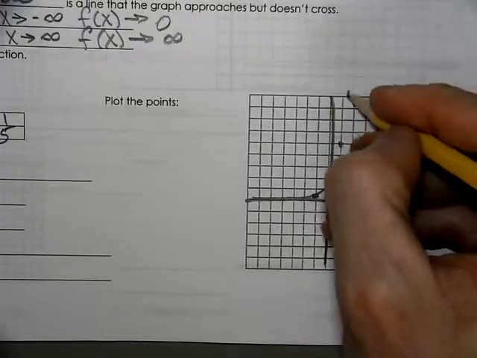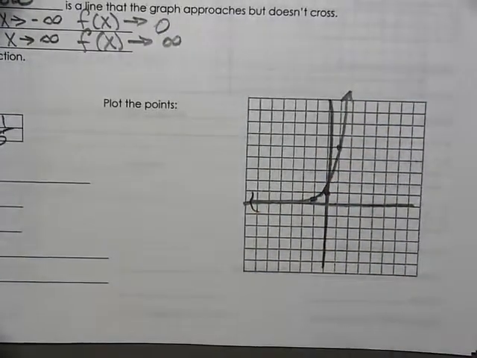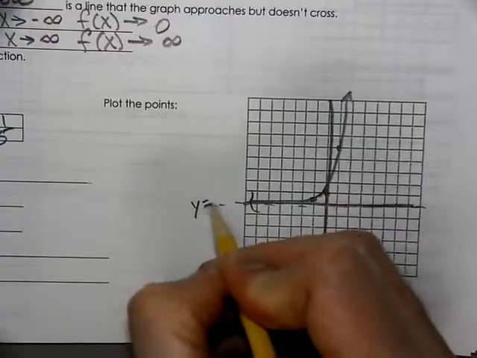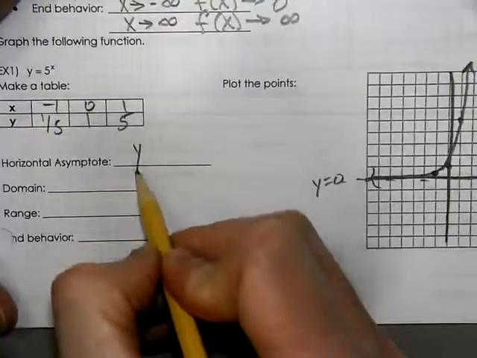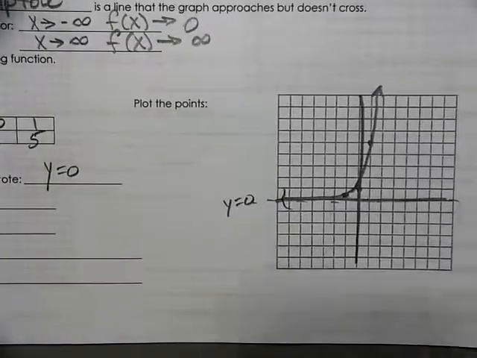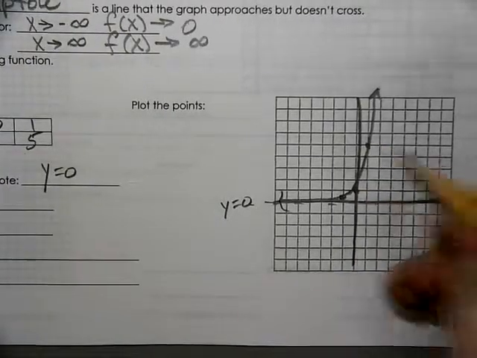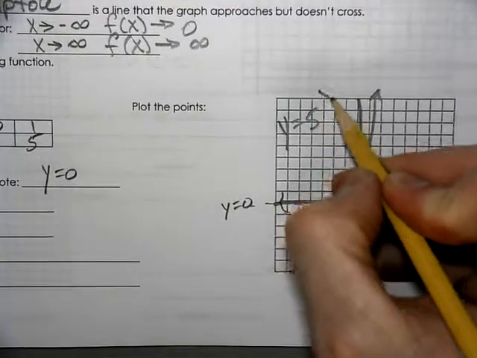So if we were to graph all the other points along it also, we would follow in that pattern, where this would be a line that is called y equals 0, which is our asymptote. You see that it's crossing at 0, 1 and then also at 1, 5. This is the equation y equals 5 to the x power.